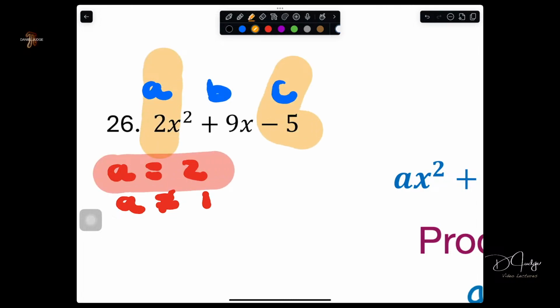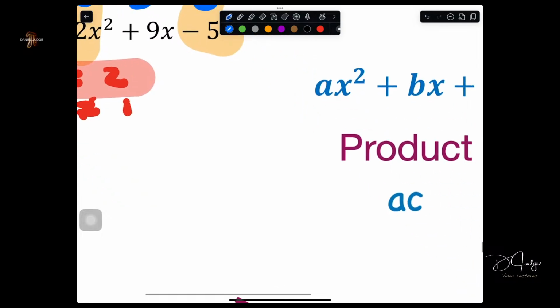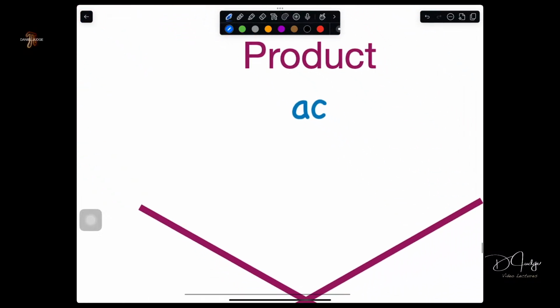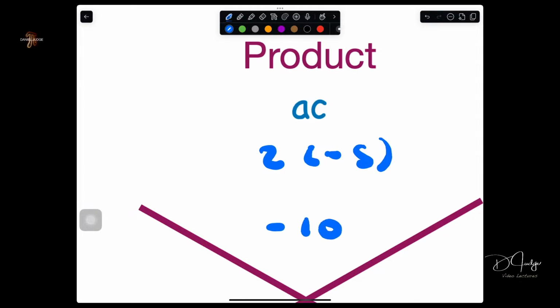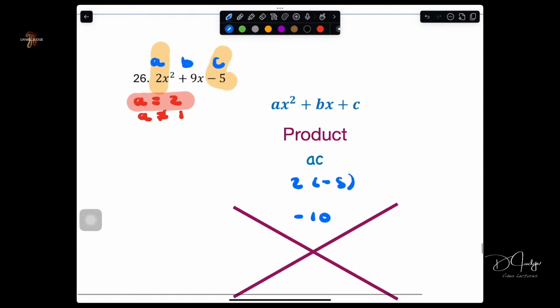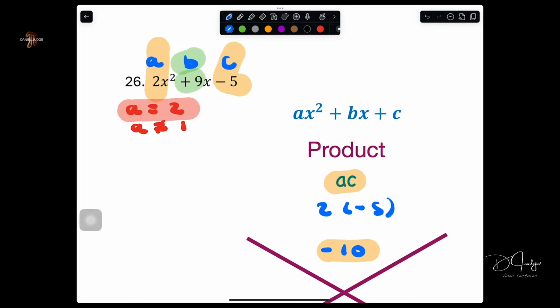Two times negative 5, A times C. Answer is negative 10. And then just look at this. Find the B value, which is 9.